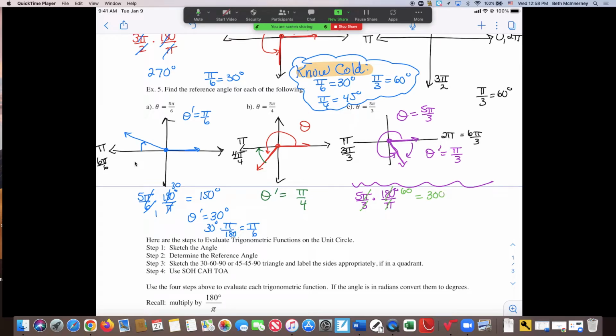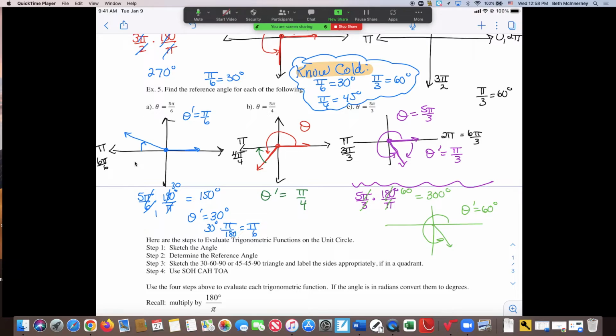That's 300 degrees. 300 degrees, do you see that's 60 degrees away? Okay, if that's what's going to work in your brain, use it. But on a quiz or a test, I can't write 60 degrees because my angle was in radians. Then you have to multiply by pi over 180, and it'll be pi over 3. So it's faster to learn how to think in radians.